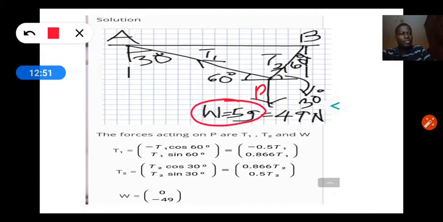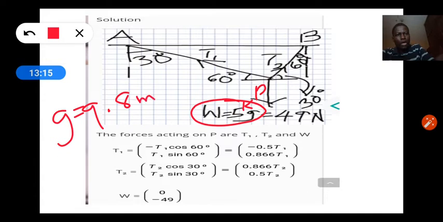It should be 5 kilograms. If you look at the question, we are given g to be 9.8 meters per second squared. So if I multiply mg, 9.8 times 5, it gives me 49 newtons.